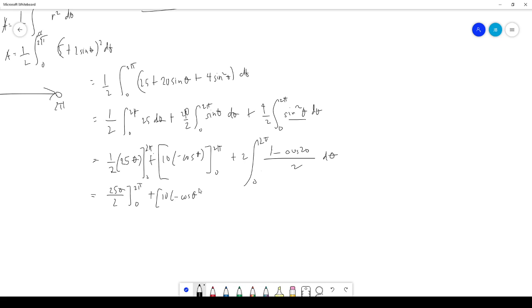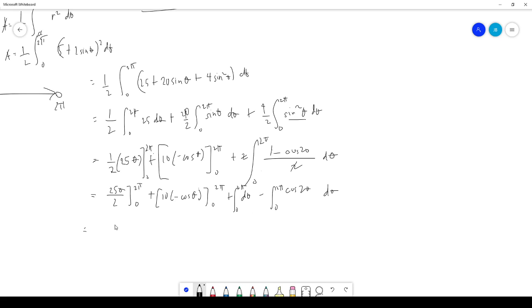Now it's plus 2, and the 2s cancel. So what's left would be d theta minus cos 2 theta d theta, from 0 to 2 pi.